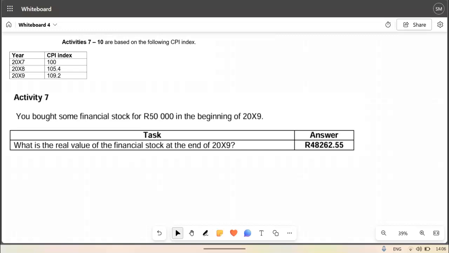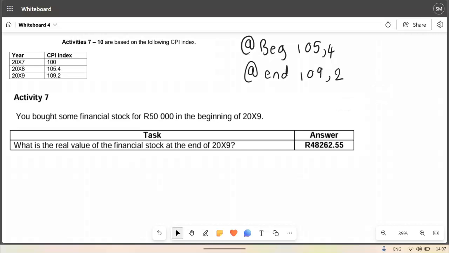And we bought this financial stock for 50,000 in the beginning of 20x9. Okay, so in the beginning of 20x9, this stock, the CPI there was 105.4. And then at the end, the CPI is going to be 109.2.